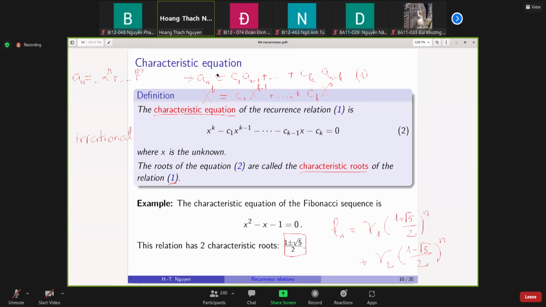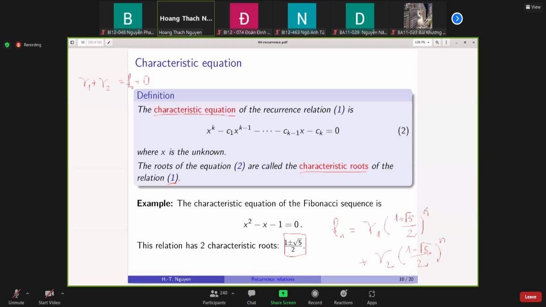You can try it here. So if you plug in the initial condition, then what will you get? You let n equal to 0 and n equal to 1. If n is equal to 0, then you have gamma 1 plus gamma 2 is equal to f0, which is 0.